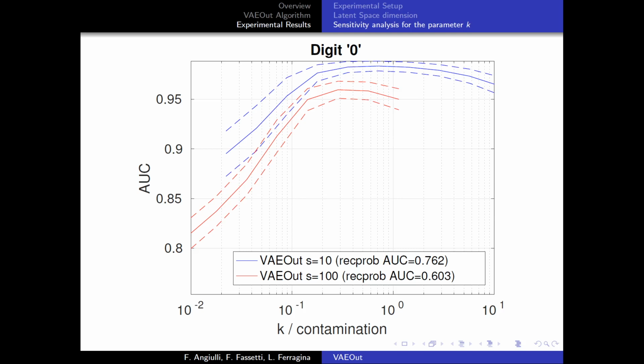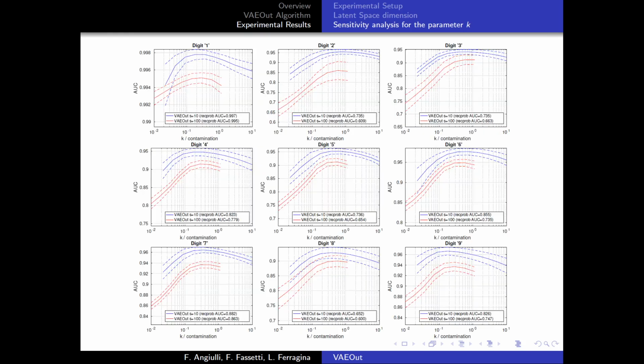The blue is relative to the dataset with s equal to 10. In the legend, there are the relative performances of the reconstruction error. In this picture, we can see the plots relative to the datasets obtained with all the other digits as outliers.